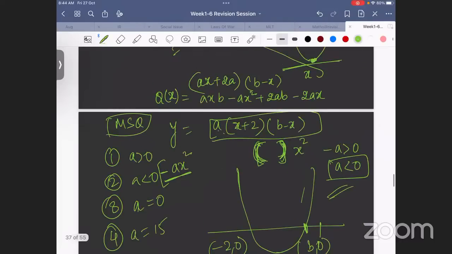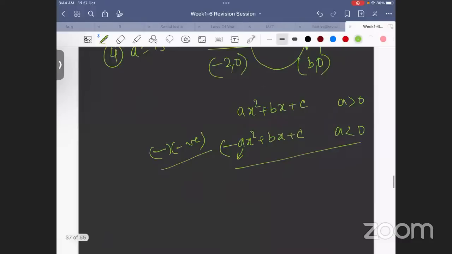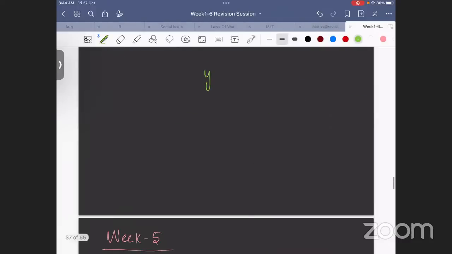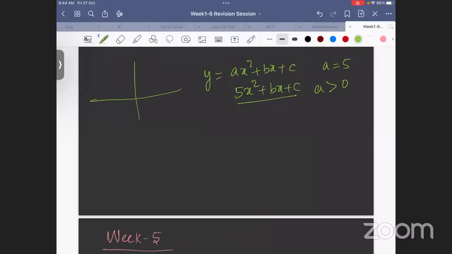Okay. See, if you have been given any equation, y equals ax square plus bx plus c. If you are taking a equals 5, this equation becomes 5x square plus bx plus c. If a is greater than 0, then this will be plotted going upward, correct?